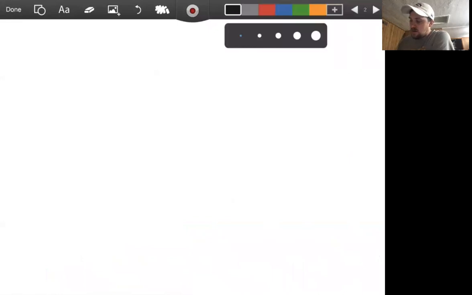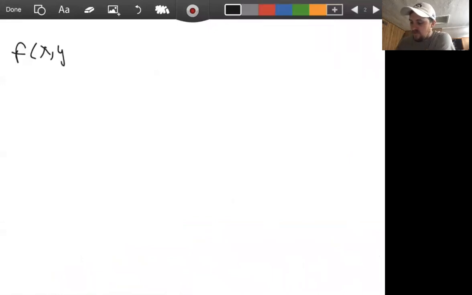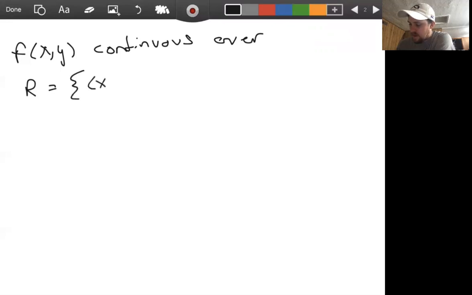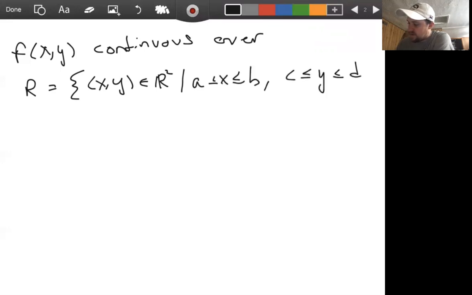So let's consider a rectangular region. Let's say that we have some function f of x, y, and let's let this be continuous over region R, and let's let R be the set of points (x, y) in R2 such that x is between a and b and y is between c and d.